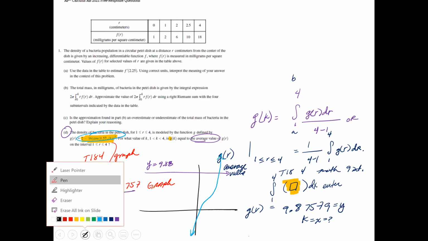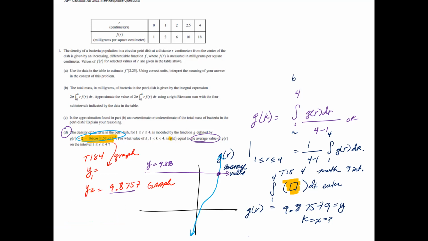And your goal here is to find the intersection of it, which is at this point right here. So at this point, you know your y value is going to be 9.88, but the x value is going to be 2.497. And so your k is going to be 2.497. And that is your answer.